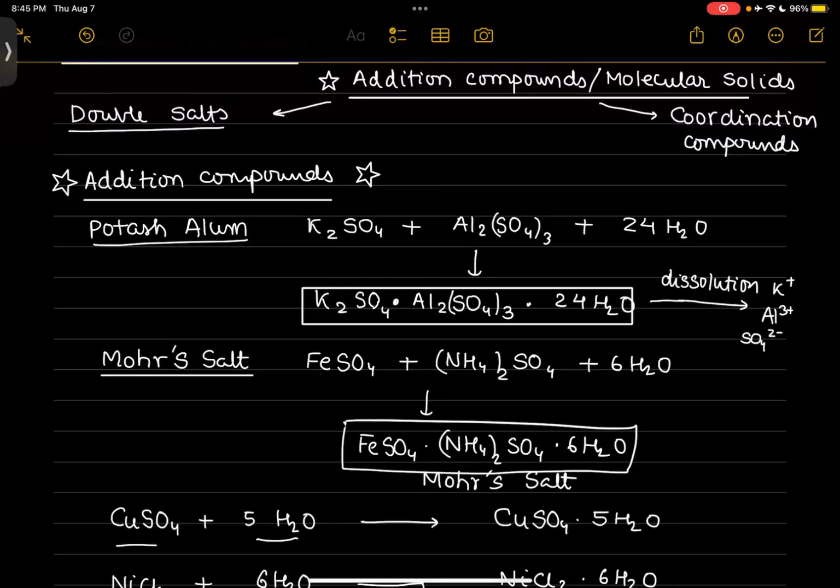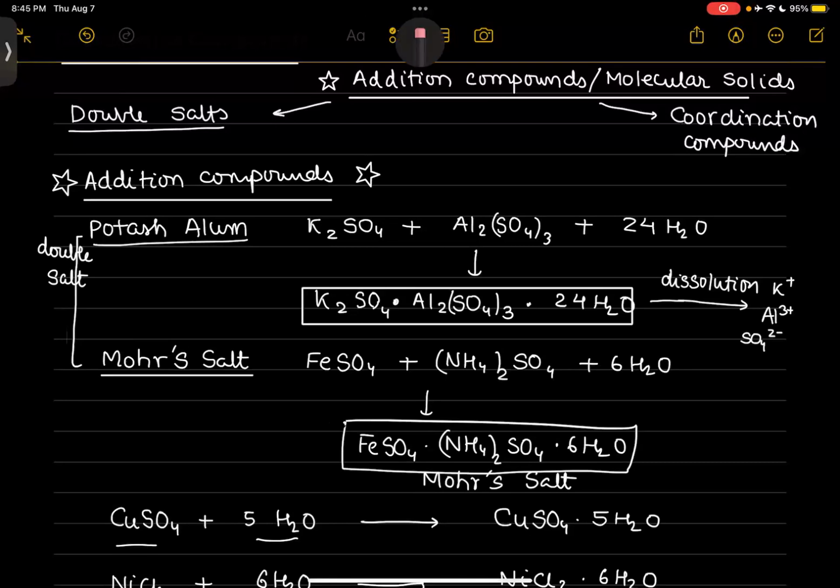So these are double salts. And the main feature of the double salt is that they completely split into their ions when dissolved in water.